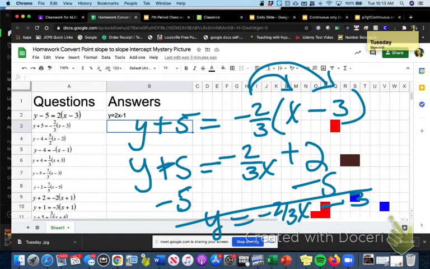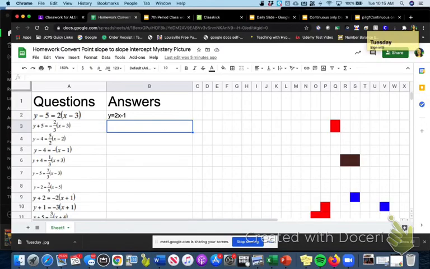All right, I'm going to go ahead and unfreeze it. Let's check our answer. I'll type in y equals, remember to use the little forward slash for a fraction. So I'll do y equals negative 2 slash 3x and then minus 2.